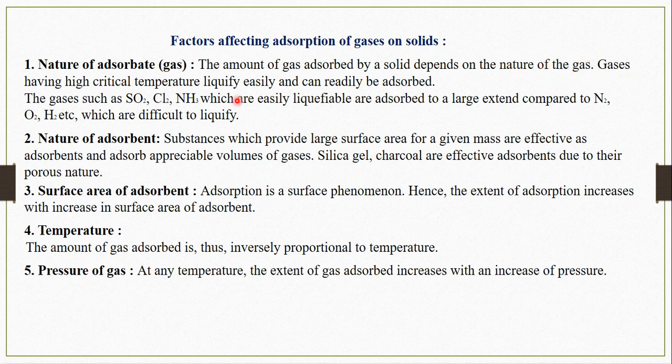Gases having high critical temperature liquefy easily and can be readily adsorbed. Those gases get liquefied, converting into liquid, and are easily adsorbed. Such gases are sulfur dioxide, chlorine, and ammonia.